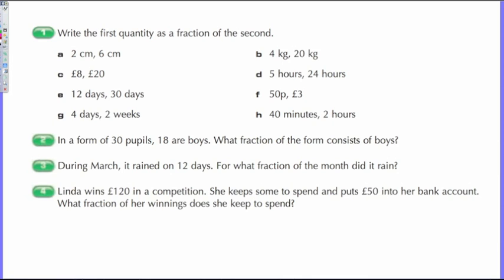Questions 2, 3 and 4 are worded questions. So question 2, in a form of 30 pupils, 18 are boys. What fraction of the form consisted of boys? Okay, so go through these questions and then I'll go through the answers at the end.